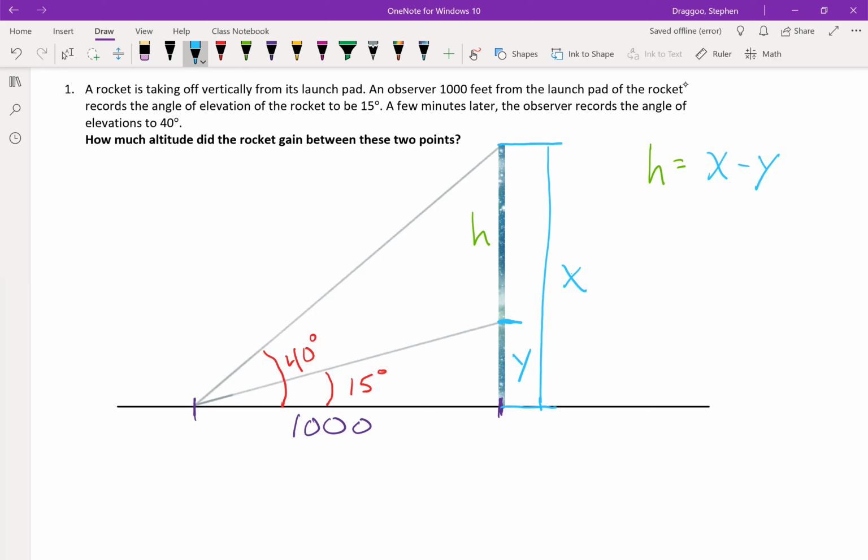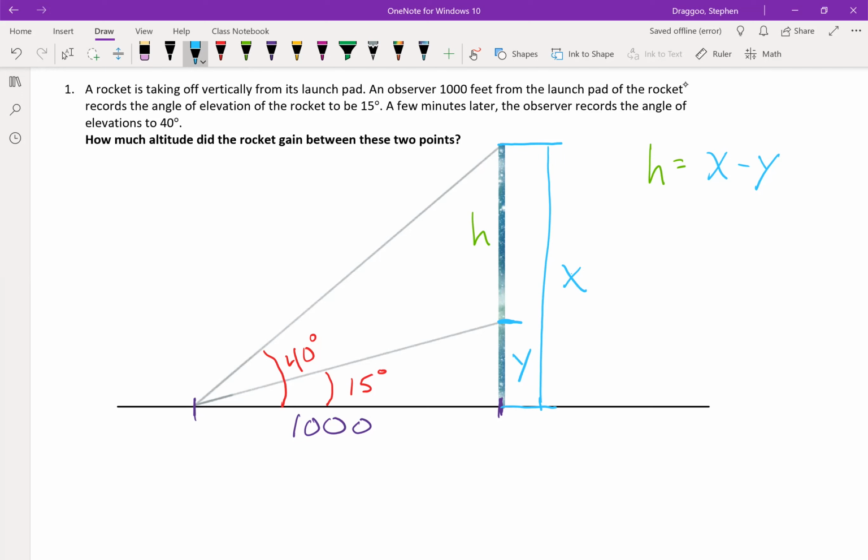So I'm going to want to be able to set up an equation where I can solve for each one of those. And in both triangles that I was looking at, I know an angle, I know my adjacent side, which is 1,000 in both cases, and I'm trying to solve for the opposite sides.